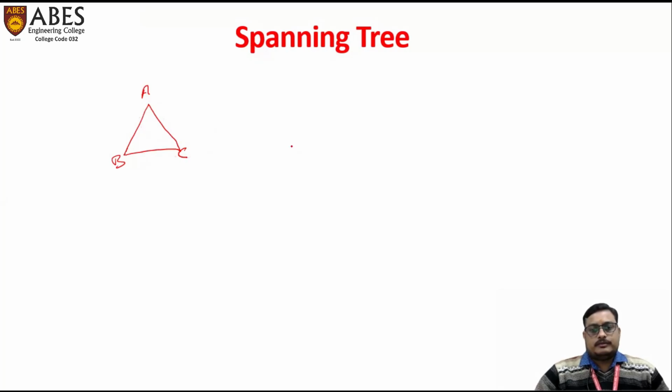So is there any other way to connect this graph? Yes, we can connect like this. We have AC and B. This is also possible. So we can take only two edges to connect this. Another way is like we can take A, B, and C. Like this, we can connect.